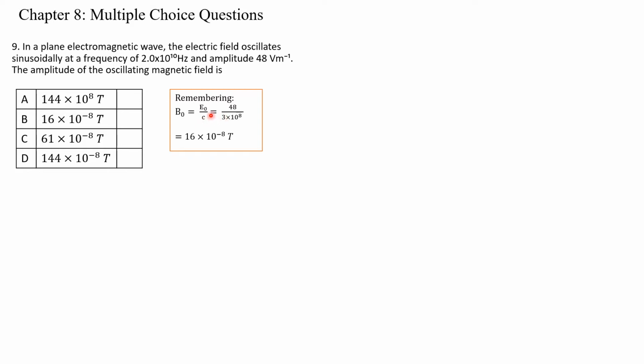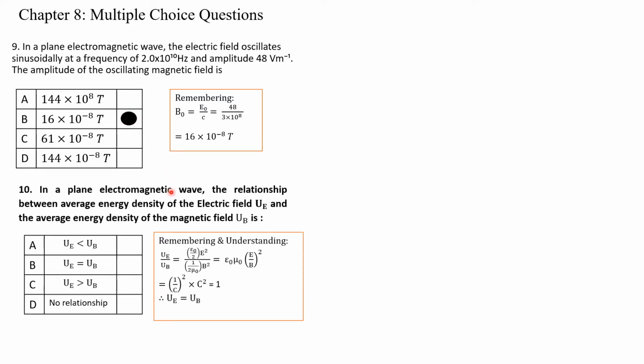E is given as 48 volts per meter, and C we have to remember as 3 into 10 to the power of 8 meters per second. Simplifying, we get 16 into 10 to the power of minus 8 Tesla. Here the answer is given in B. So you mark B as the correct answer.